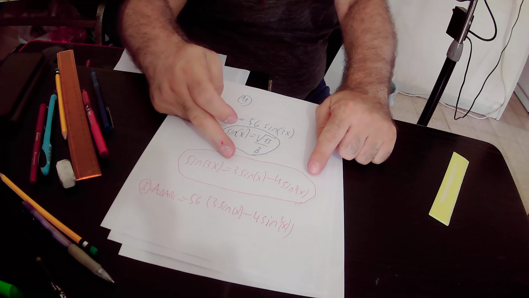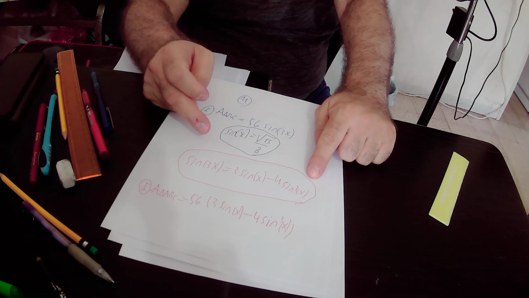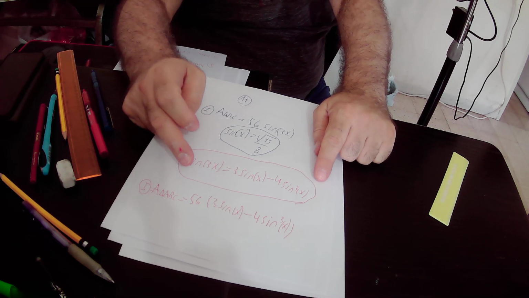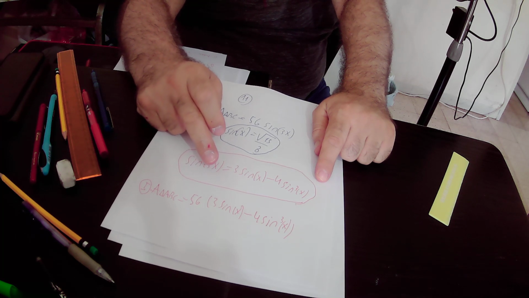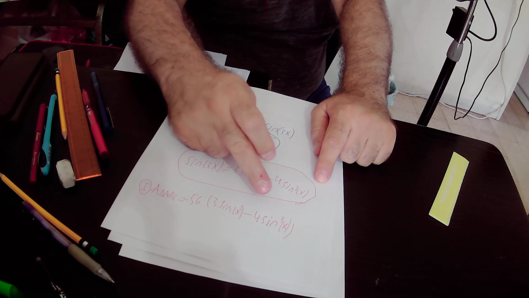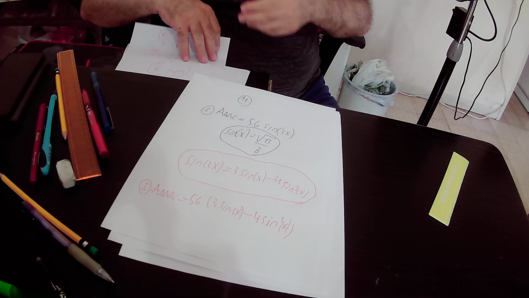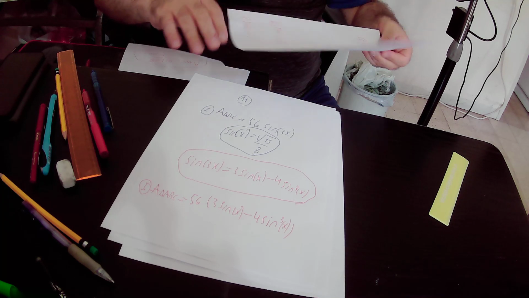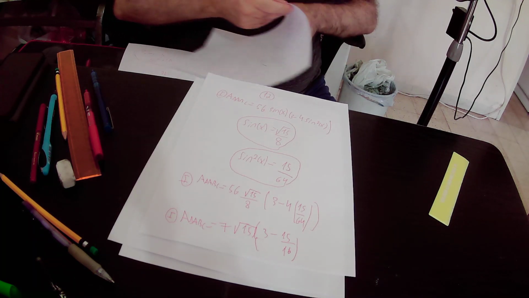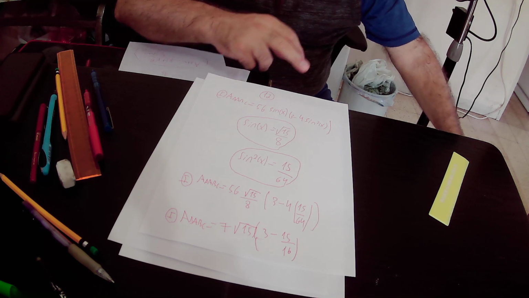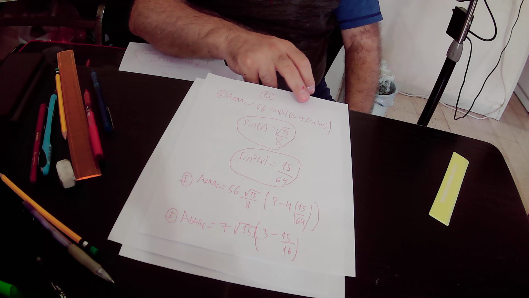So the area of triangle ABC equals 56 times (3 sine x minus 4 sine cube x). Or the area of triangle ABC equals 56 times sine x, and in the brackets we have 3 minus 4 sine square x.